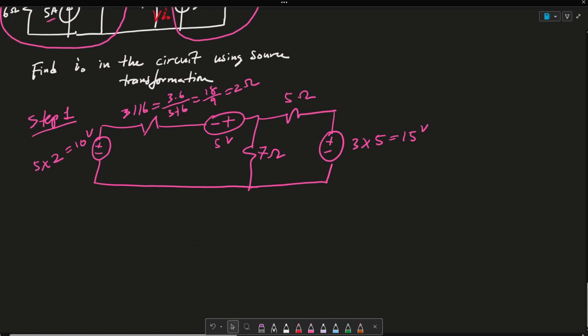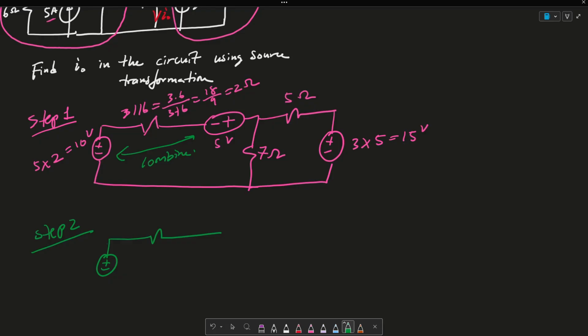And simply, step 2 is going to be simple. I'm just going to combine these two. All right. So step 2 is going to just be plus minus. So this is going to be 10 plus 5, which is 15 volts.